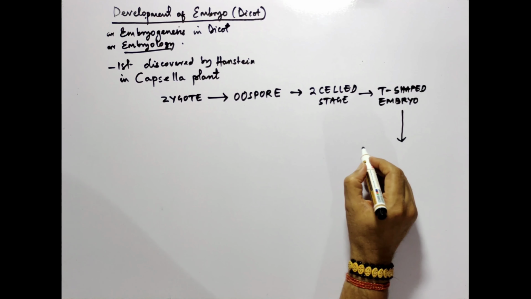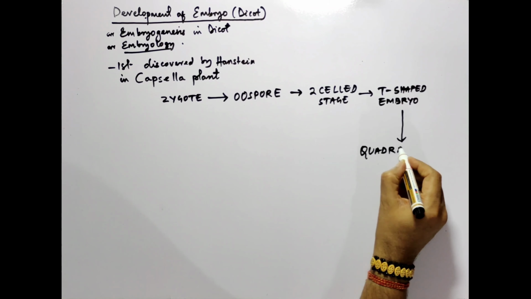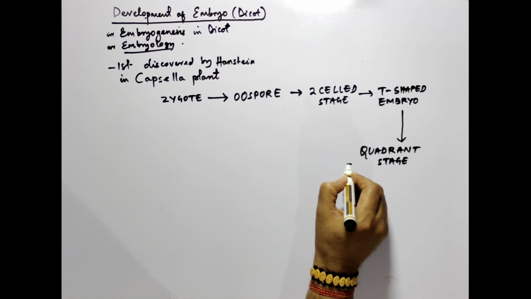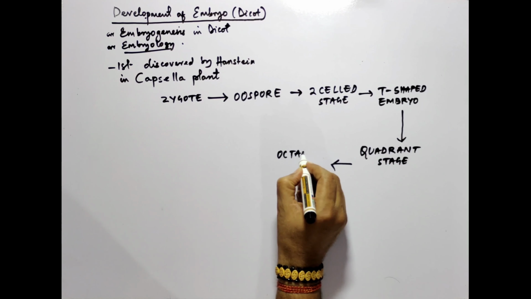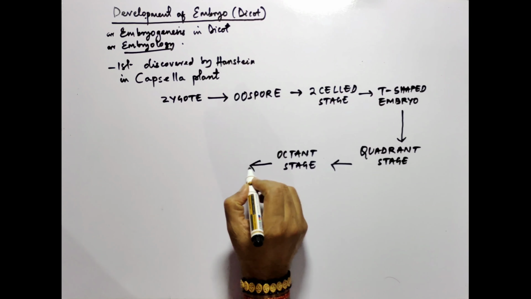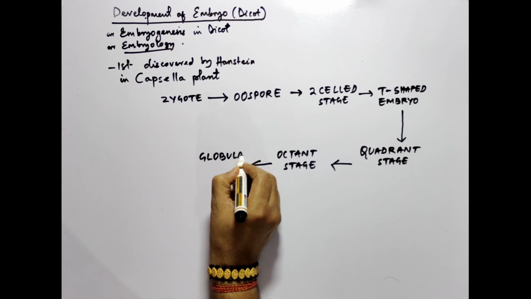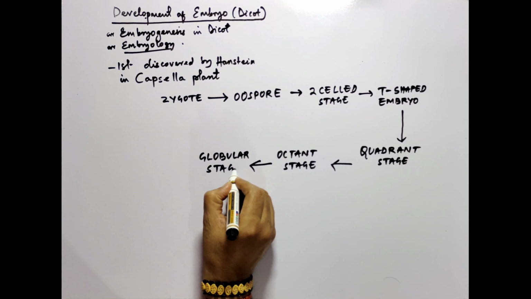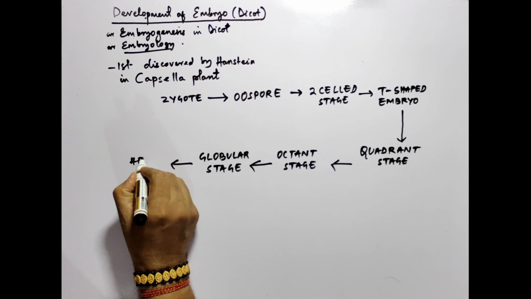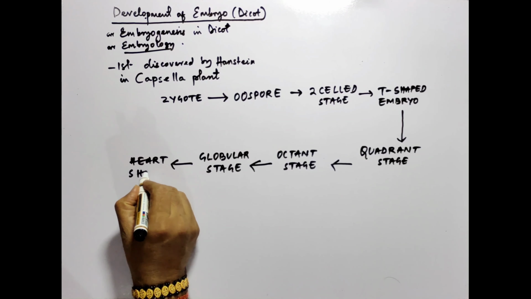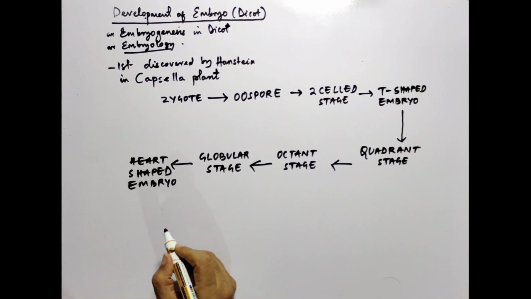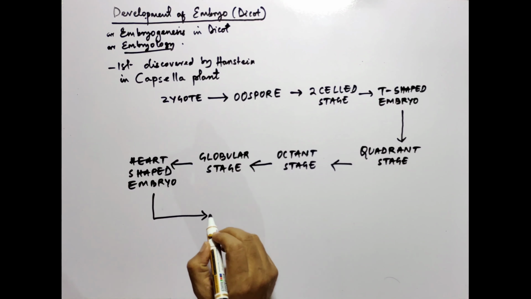Then quadrant stage, then octant stage, then globular stage, then heart-shaped embryo, then finally reaches the mature embryo.